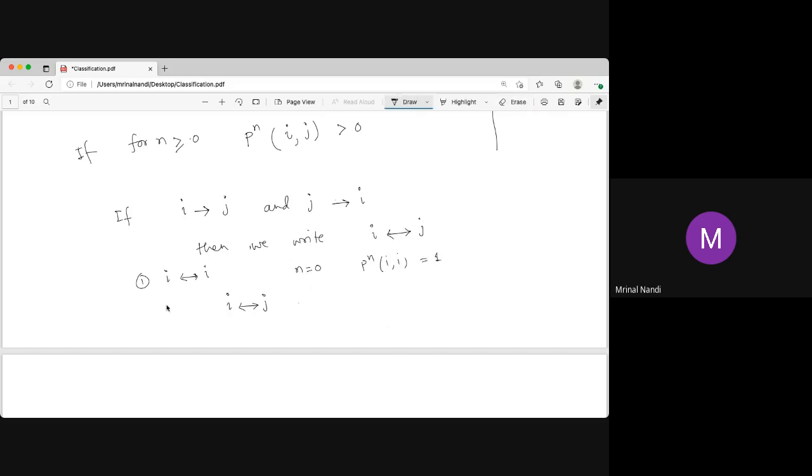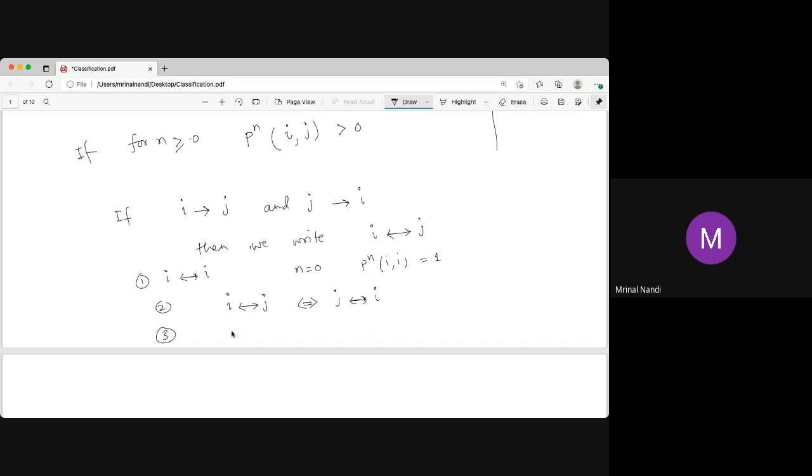Next, if i leads to j and j leads to i, that obviously implies j both sides leads to i, the same thing. What is the right hand side? j leads to i and i leads to j. Same language. In the first I say i leads to j, then j leads to i, which is the same as j leads to i and then i leads to j: statements 1 and 2, and on the right hand side statements 2 and 1.